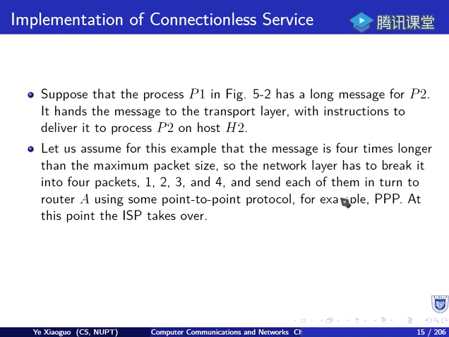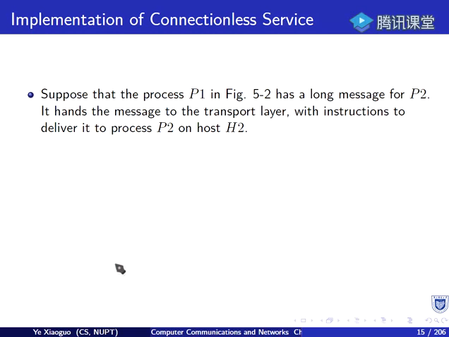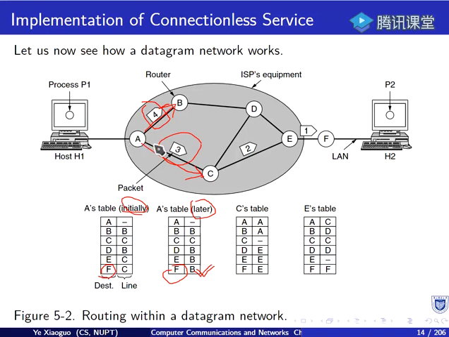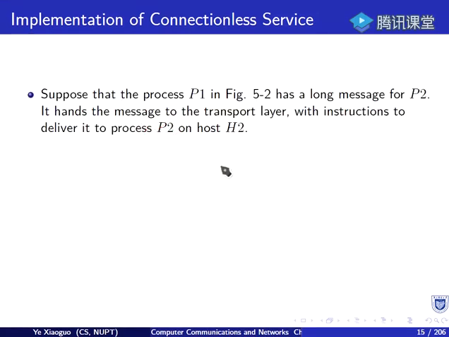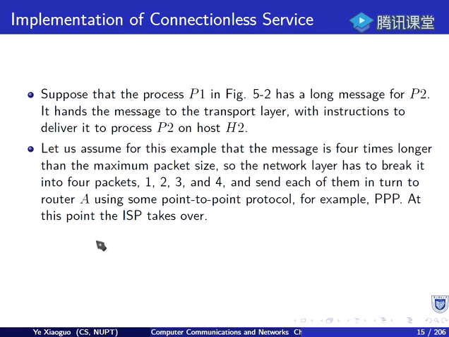So the network layer has to break it into 4 packets, 1, 2, 3, and 4, and send each of them in turn to router A using some point-to-point protocol, for example, PPP.